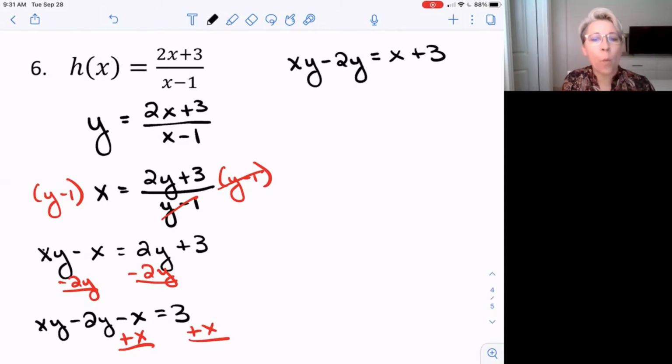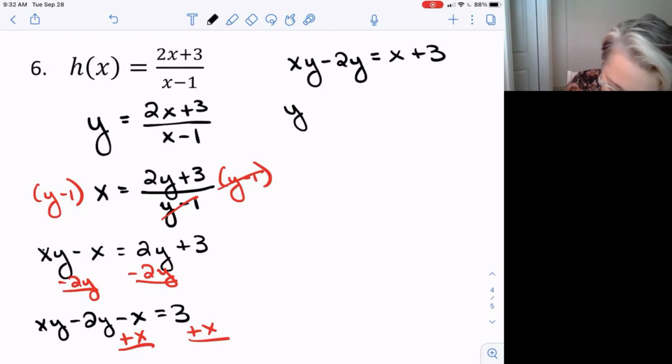But we're still trying to get y by itself. Okay, so get all the y terms together. And what can we do on that left-hand side to get just one y? Factor. Good. We can take out the y as a GCF, which leaves us with y times the quantity x minus 2 equals x plus 3.